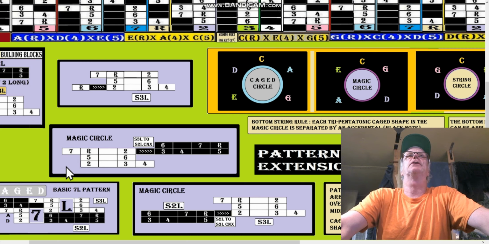In the magic circle, if we look at this 7 root 2 here, all right, let's just look at the base diagram. From the 2, which is a D-shaped in the magic circle, we'll be going up to what? It says right here, magic circle, we're going from a D shape.